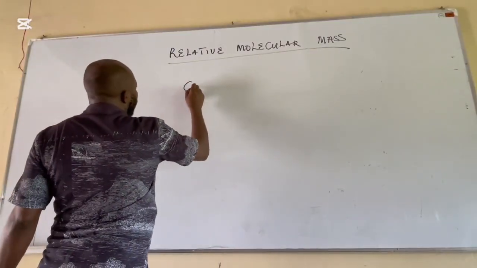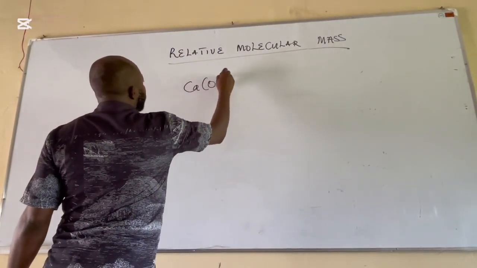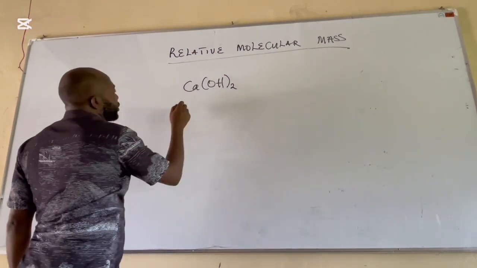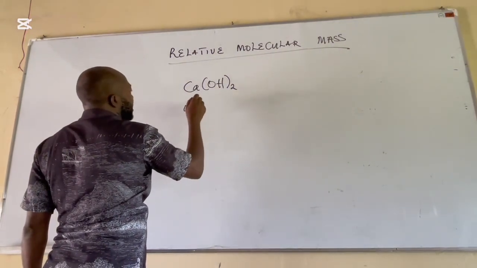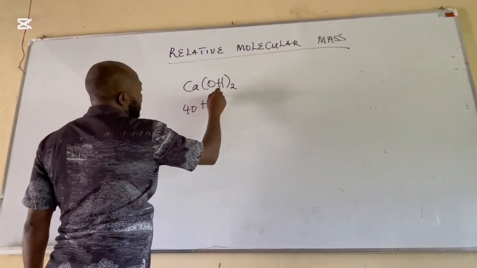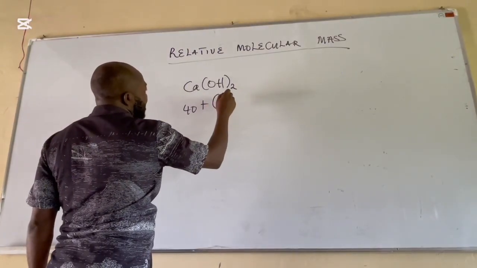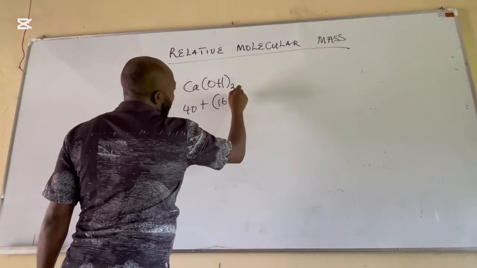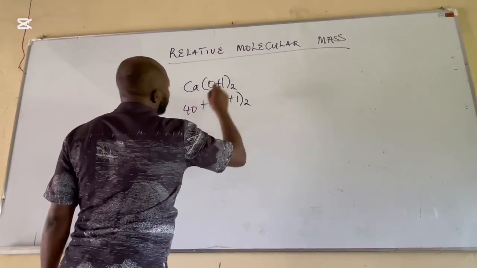Okay, calcium hydroxide. Now, calcium here is 40 plus oxygen is 16 plus 1, close bracket 2.